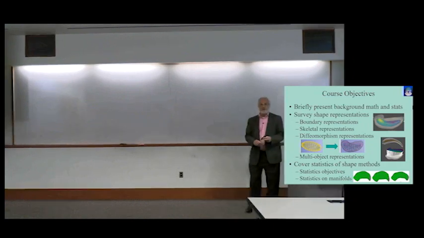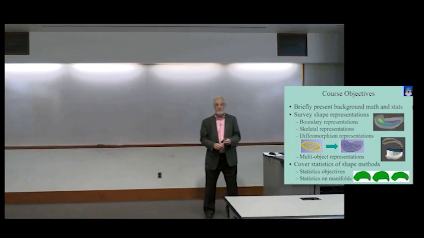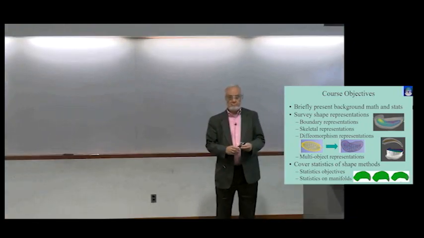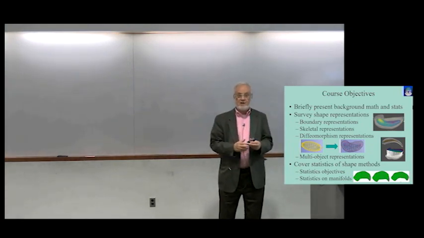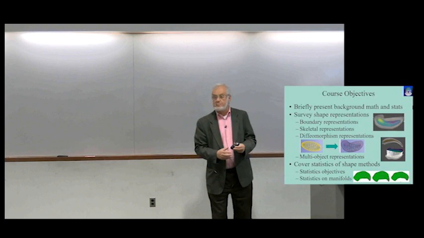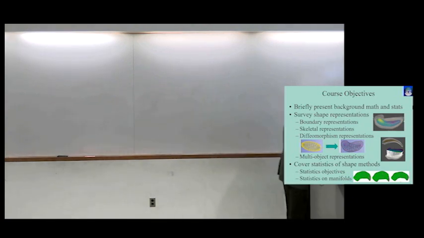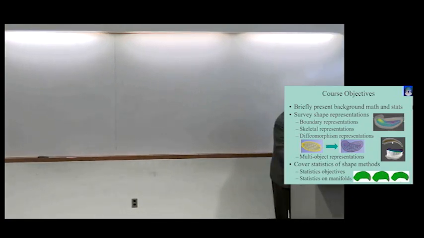How that maps. We'll be talking not only of representation of single objects, but of multiple objects. If you think about any part of the body, but let's say the brain, there's lots of objects that make up the brain. Here are two of them, the one on top and the one on bottom. One of them is the hippocampus, the other one is the caudate nucleus.